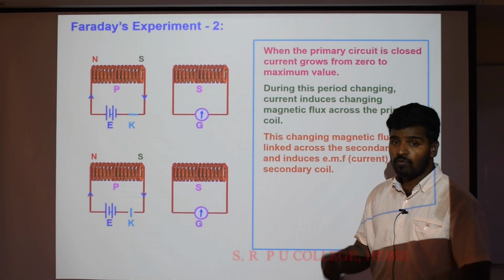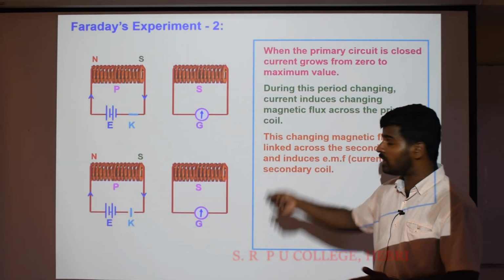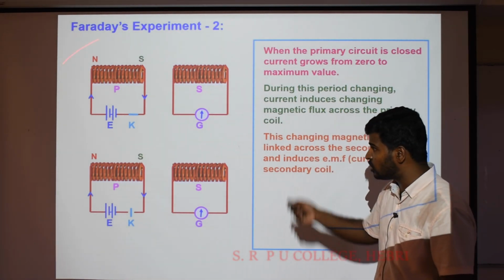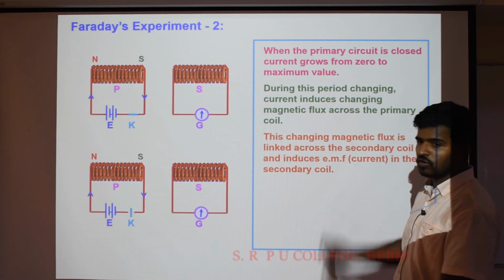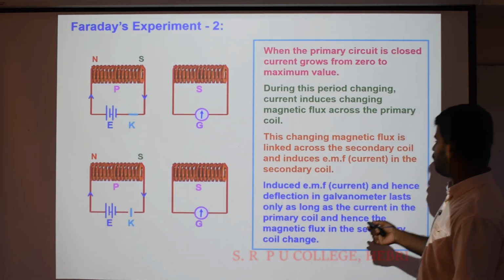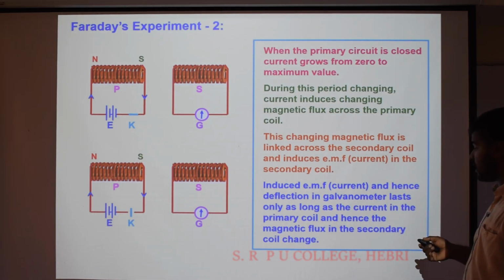Is it clear? The explanation given in this diagram, the same explanation we have done in terms of observations. Therefore, the induced EMF and hence the deflection in the galvanometer lasts only as long as the current in the primary coil, and hence the magnetic flux in the secondary coil, changes.